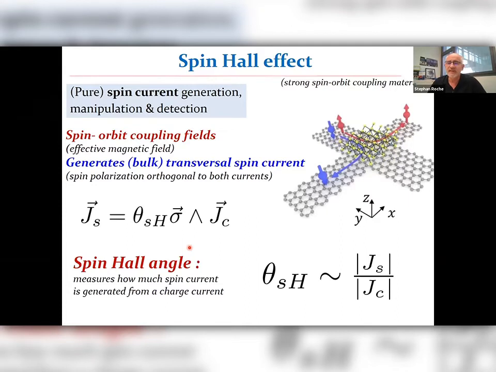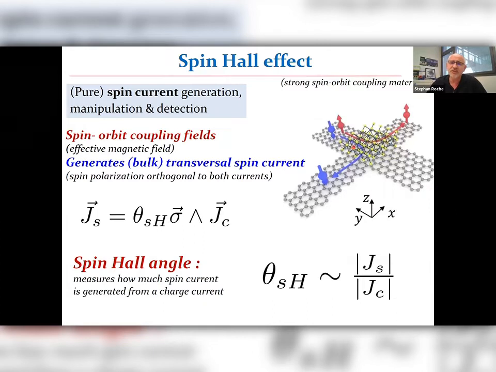So the spin Hall effect, as I am sure everybody knows in this audience, is the possibility to create pure spin current by an electric current when you use strong spin-orbit coupling materials.